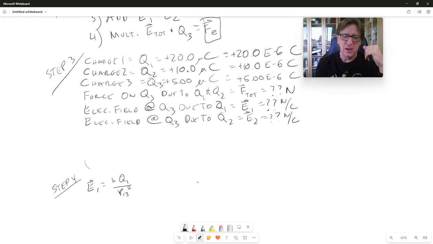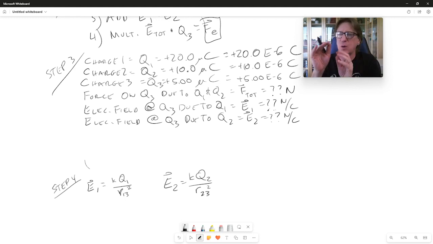Okay. Another equation we have similarly, we have E2 equals KQ2 over R23 squared. Now you may say, well, Dr. K, why can't I just use E equals KQ over R? I know which one to plug into that. Yeah, for a simple one you might, but as things get more complicated, it's going to be hard to keep up with that.